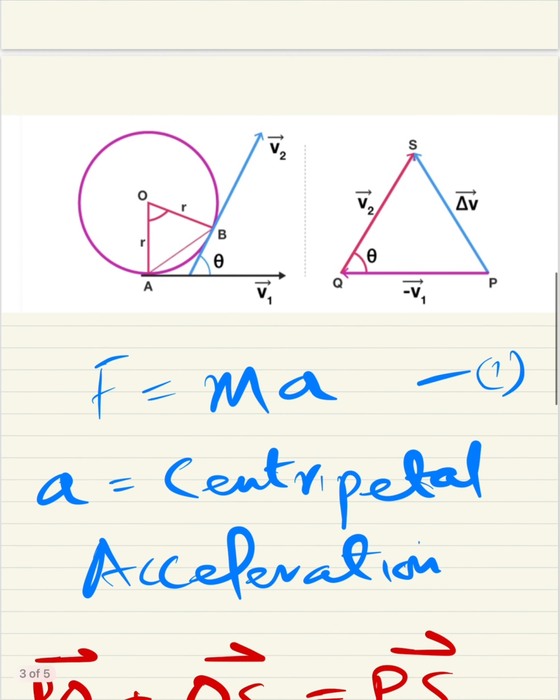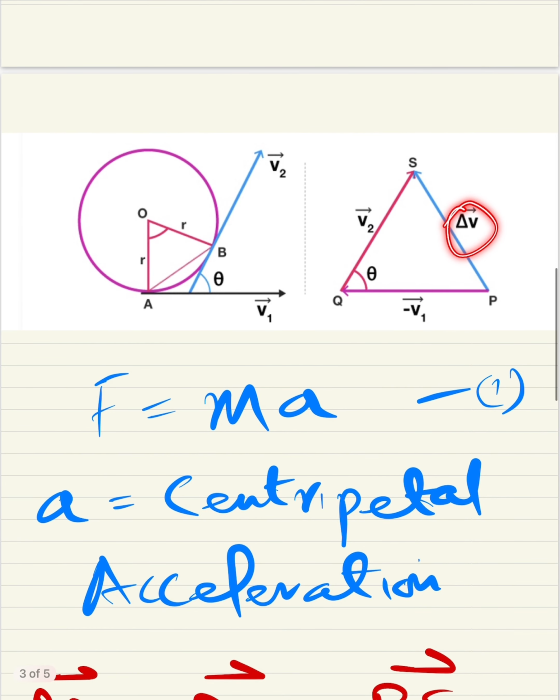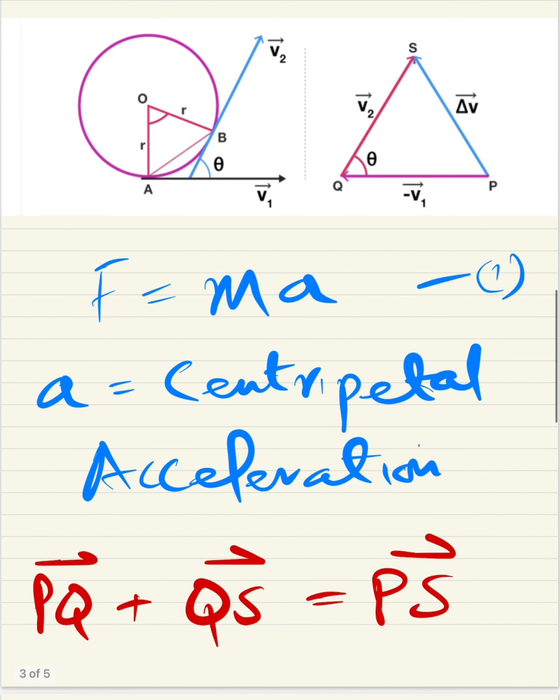The change in V here, if you compare it with the resultant, that is where you are going to have a curved part in this one, right? Which has been made linear.